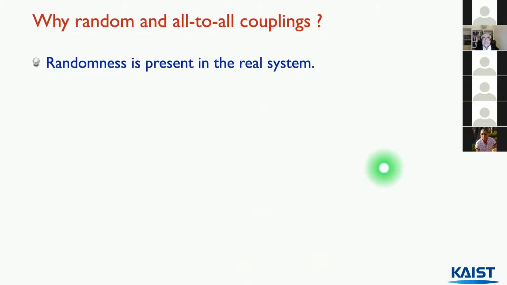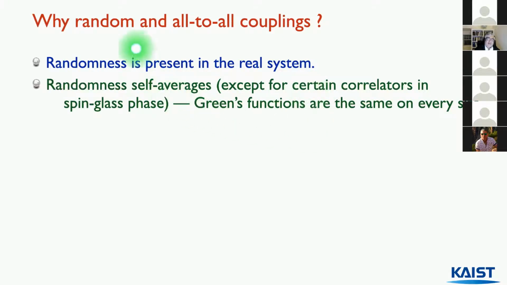Okay, so the first question you might ask: why bother putting in so much randomness and all-to-all couplings? Well, there are various answers to that. One is that actually in the real system there is randomness. And even though we put in randomness, at least in the part of the phase diagram at higher doping, and for certain correlators in the spin glass phase, the randomness is self-averaging.